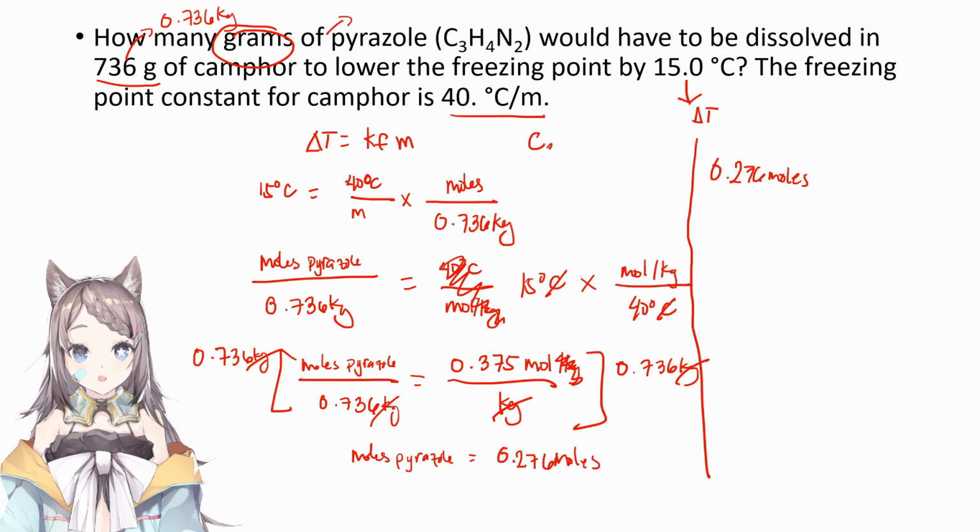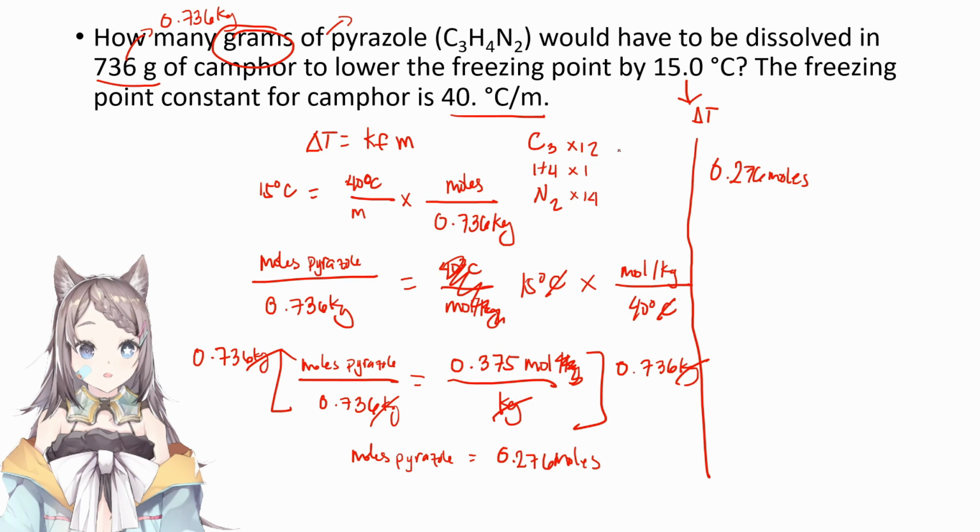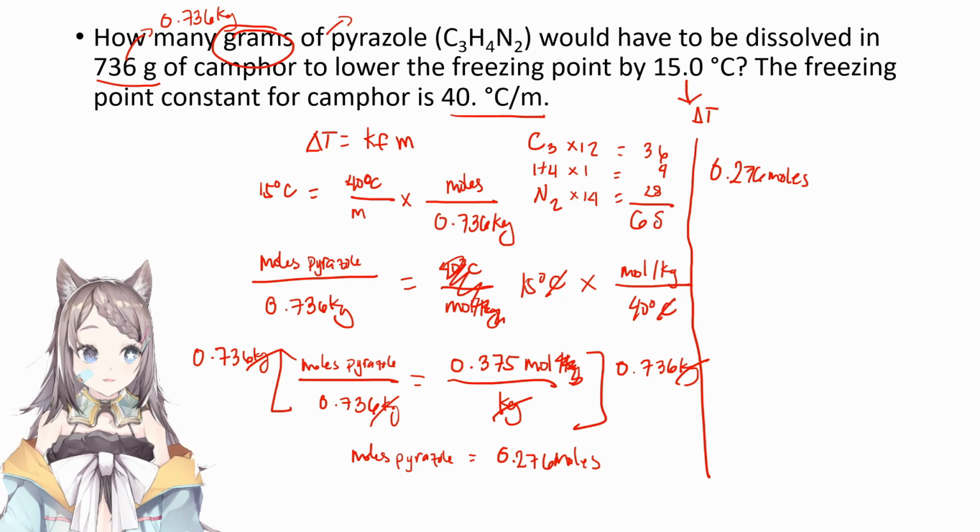So C3H4N2. C3 is 3 times 12. H is 1. N, nitrogen, is 14. 36, 4, 28. And the sum is our 68.